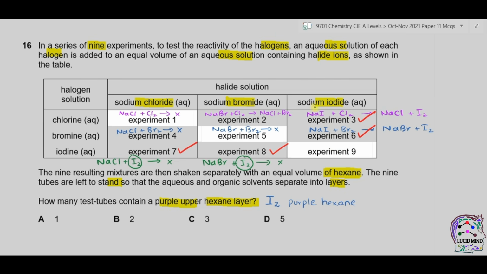Then we have experiment 9, sodium iodide and iodine. Again no reaction will take place, but iodine is present, so therefore this will also show purple hexane layer. So in total we have 5 test tubes that will show purple upper hexane layer.